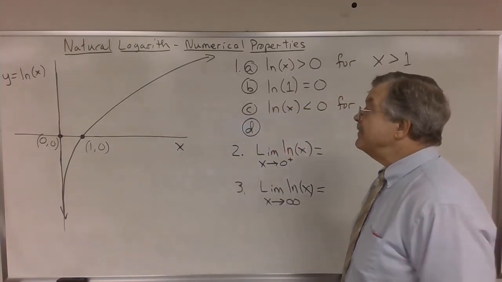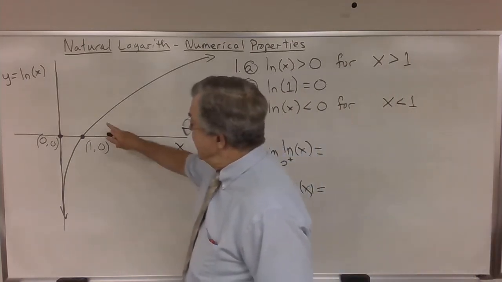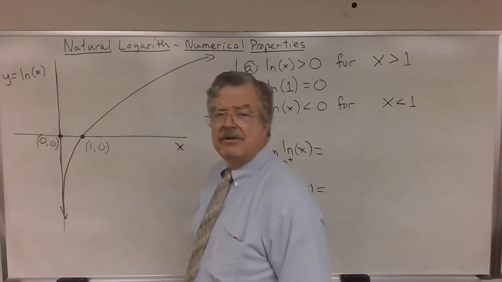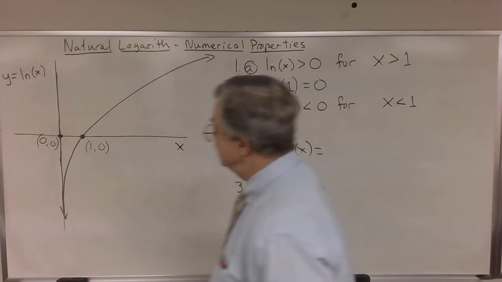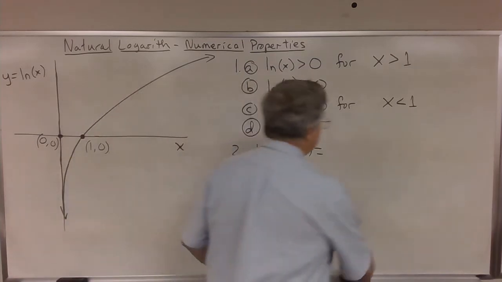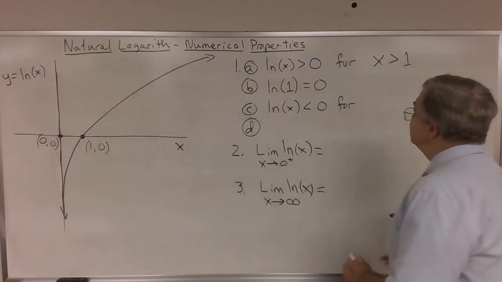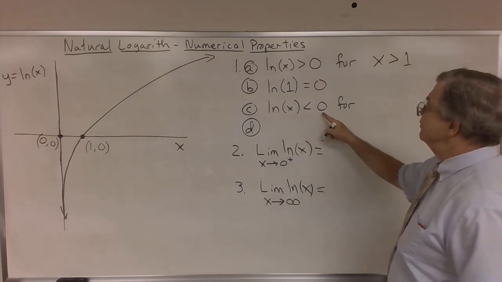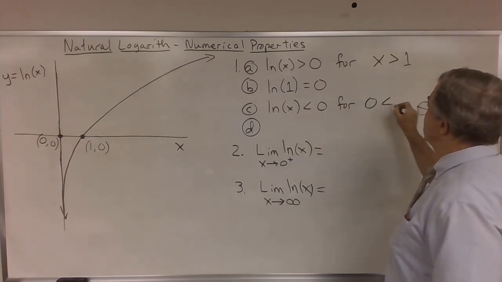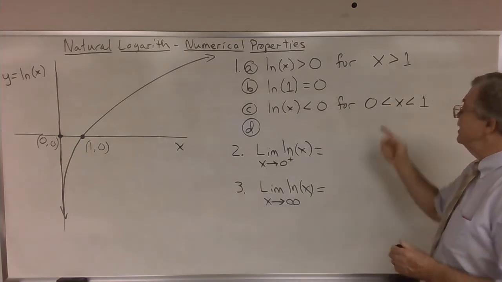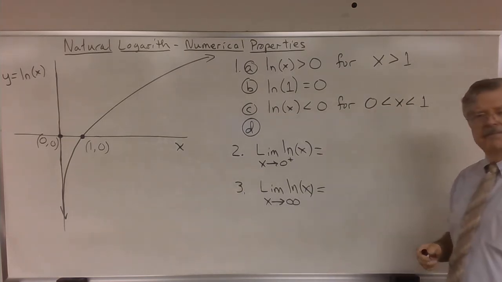So, this graph never even touches the y-axis, which means that when x is 0, there's no point on this graph. So more precisely, we can say that the natural log of x is less than 0 for x between 0 and 1, not inclusive.